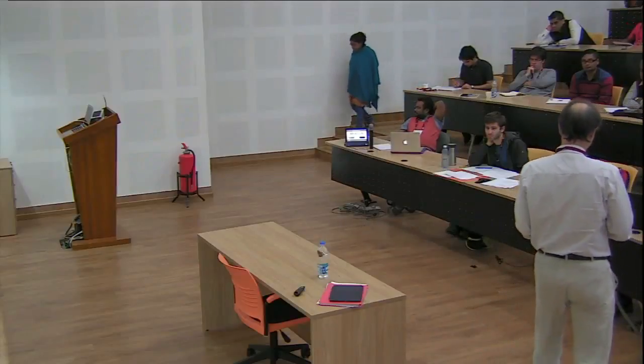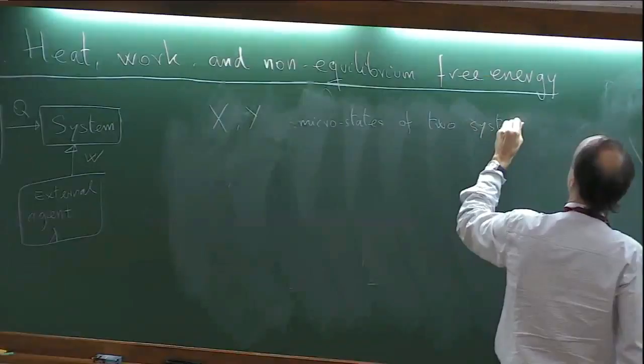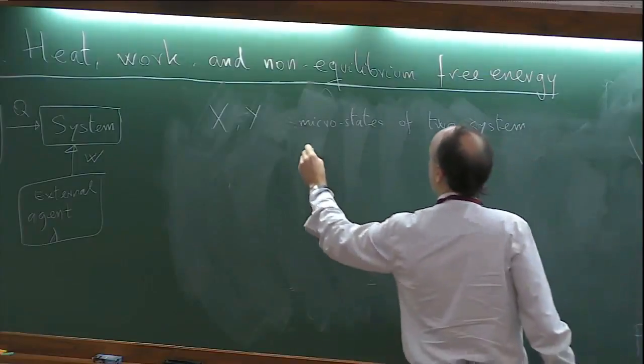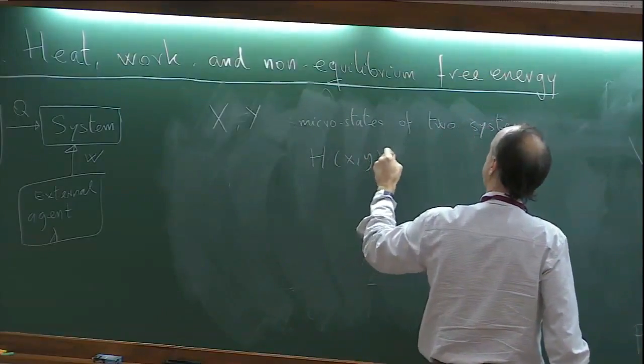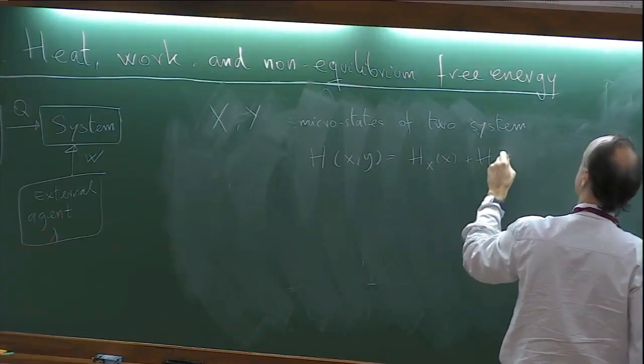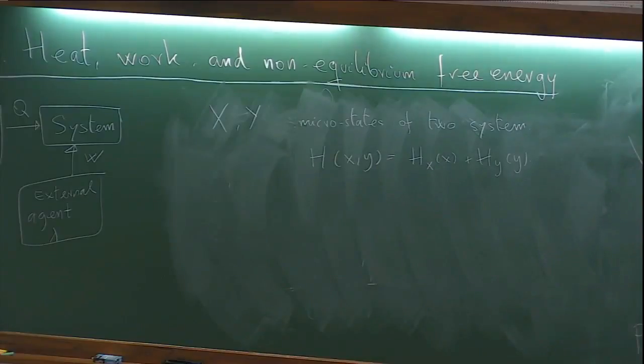The last property that I want to show you of the non-equilibrium free energy is this. X and Y are the microstates of two systems, and I will assume that the systems are non-interacting, so the Hamiltonian is just the Hamiltonian of one system plus the Hamiltonian of the other system, but that they could be correlated.